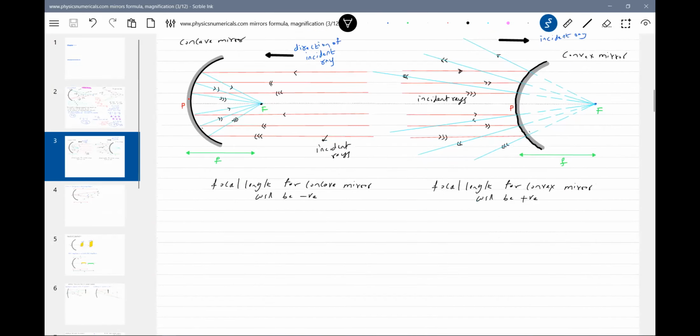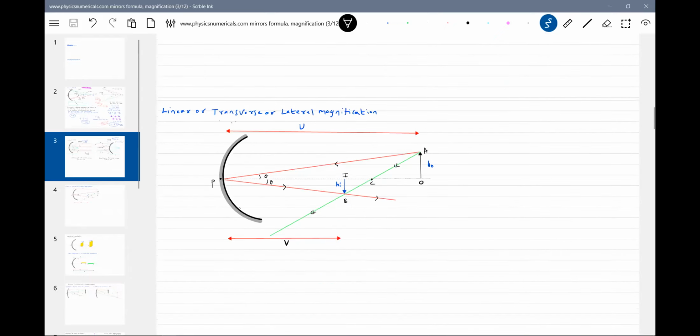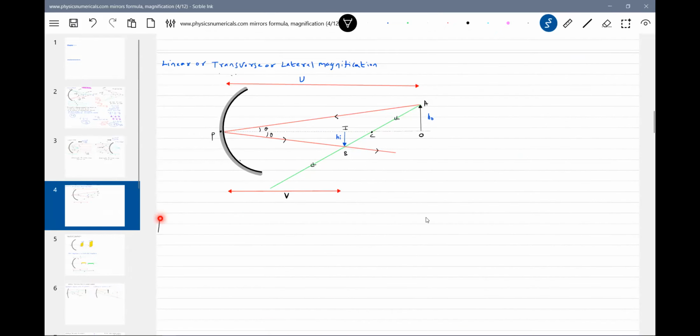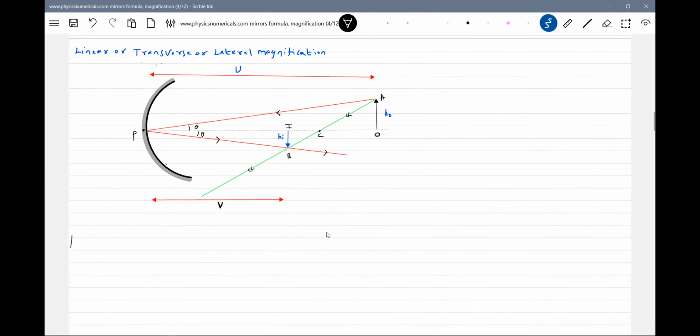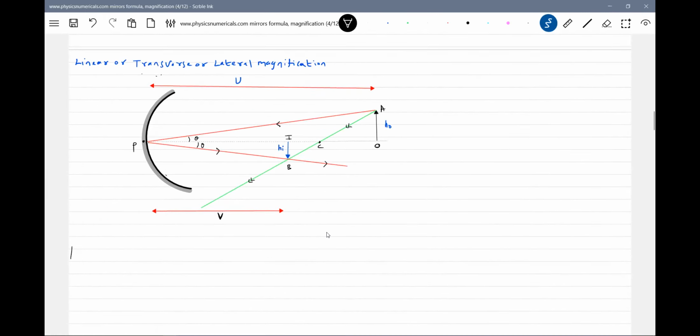Okay, let's take the next topic, magnification. I'll stand nearby a concave mirror.